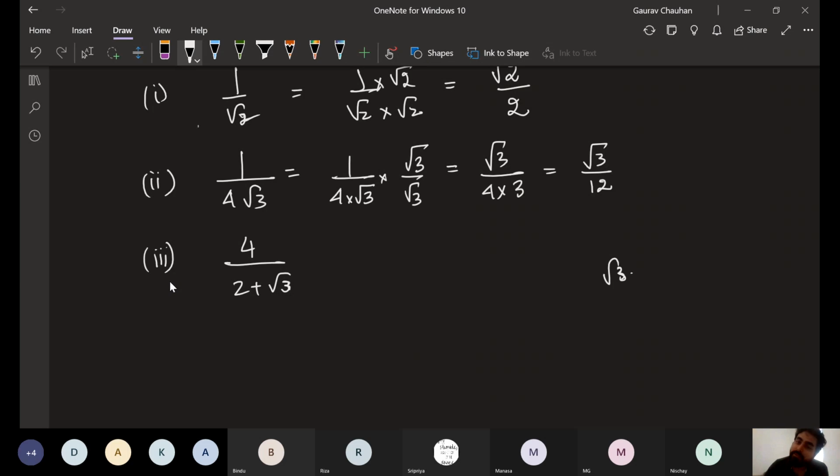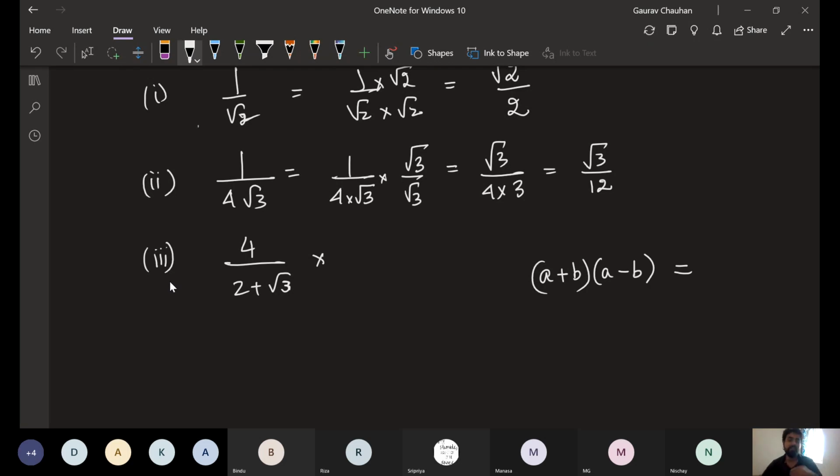If I somehow get root 3 square, then the denominator has a chance of being rationalized. That's my logic. The simple way to do this is to use the identity a plus b into a minus b.